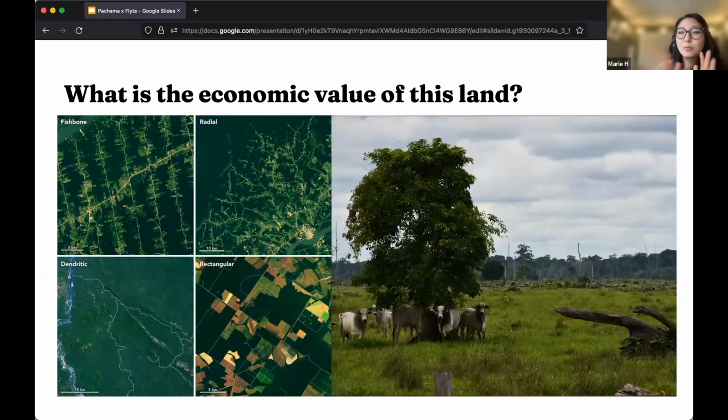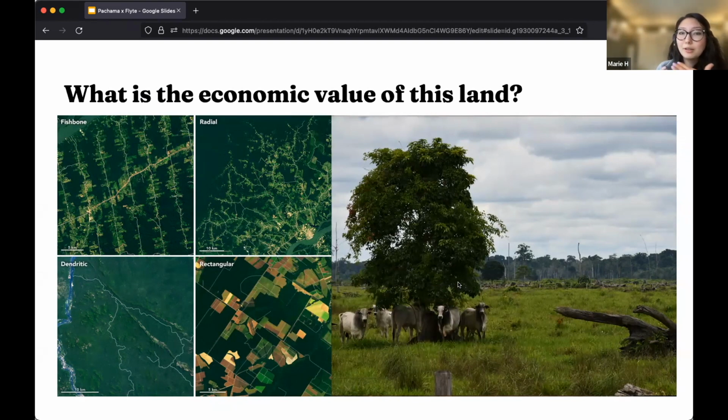So the central premise behind carbon credits is that our landscapes are shaped by market forces, and often those reflect the short-term value that can be extracted from the land. So you see on the left the aerial view, but on the right as well, a forest that was chopped down for cattle grazing.